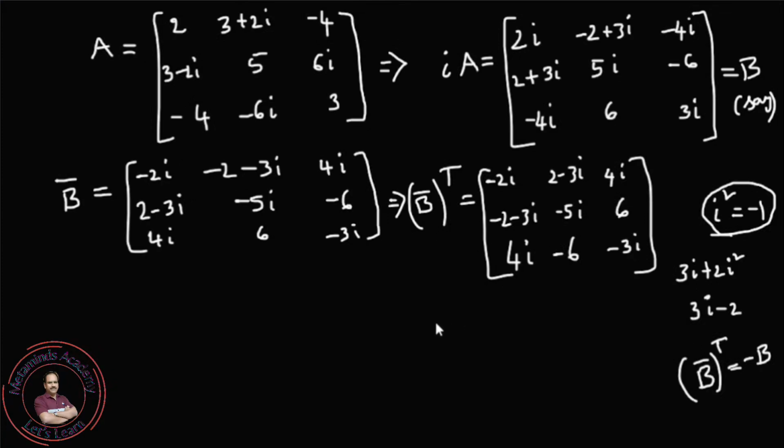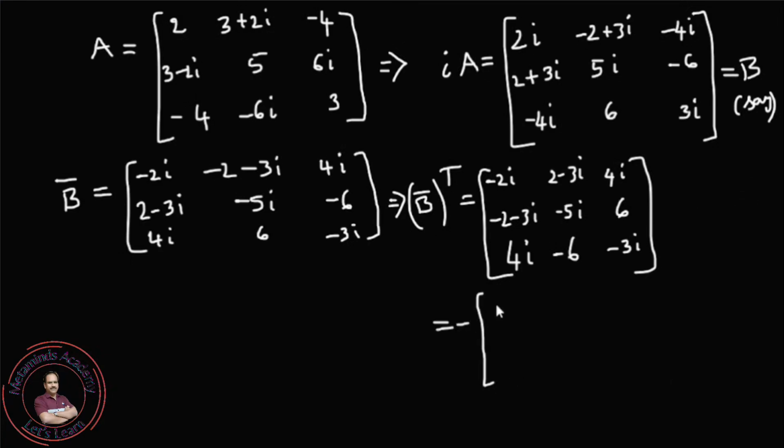Now let us take the negative sign common from this matrix. You will get 2i, minus comes out, right? Here minus comes out, it becomes minus 2 plus 3i, minus 4i, 2 plus 3i, 5i, minus 6, minus 4i, 6, 3i.